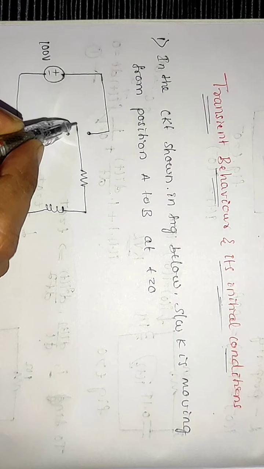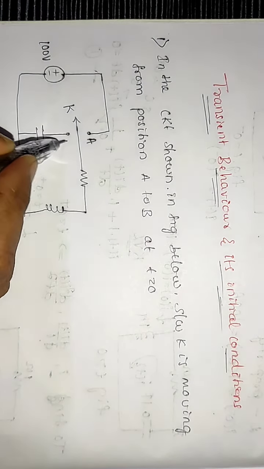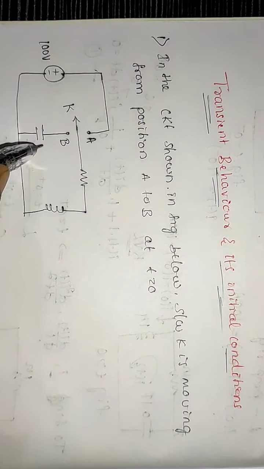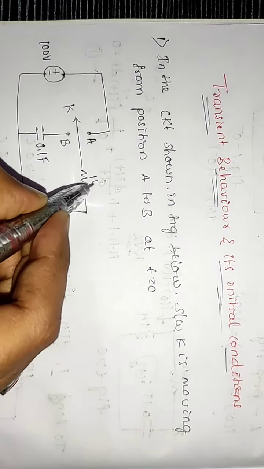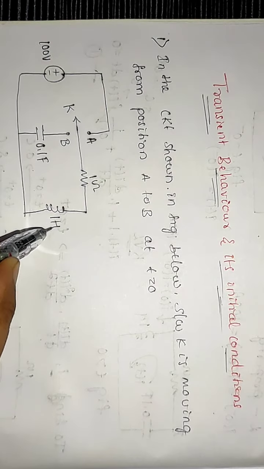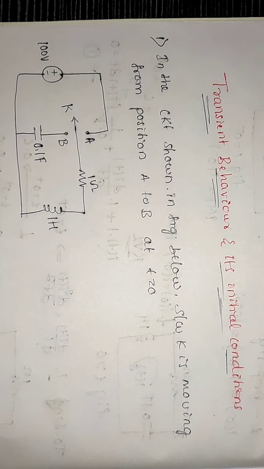This one is switch K, this is position A and position B. We are considering capacitor 0.1 farad, resistor 1 ohm, inductor 1 Henry. This is the given network.